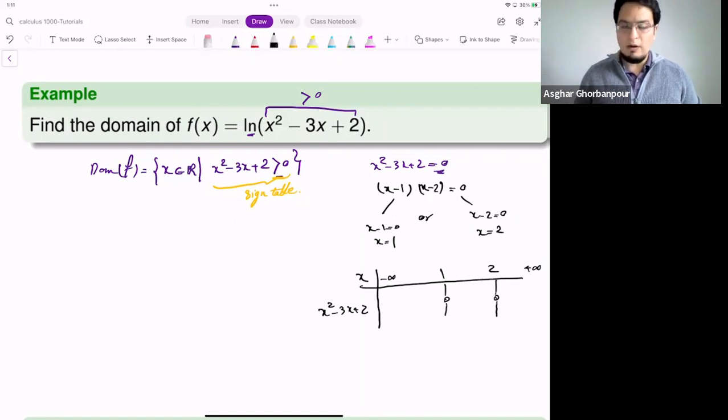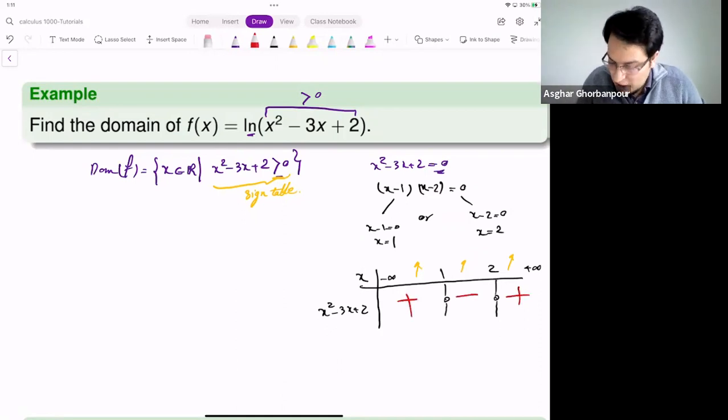And then, go ahead and use the techniques you know for this sign table. I would suggest you plug in sample points and see what kind of signs they have. We are only interested in values for which the expression is positive.